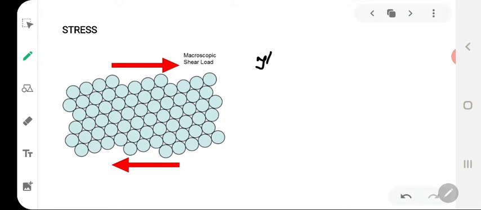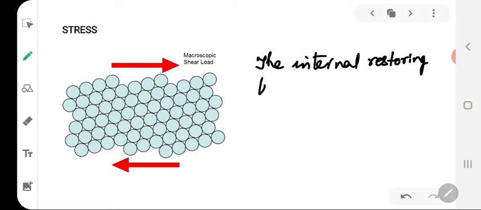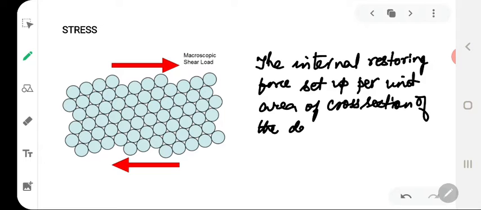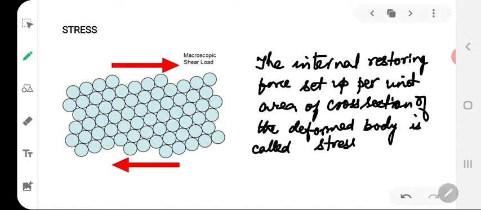So, the internal restoring force set up per unit area of cross section of the deformed body is called stress.